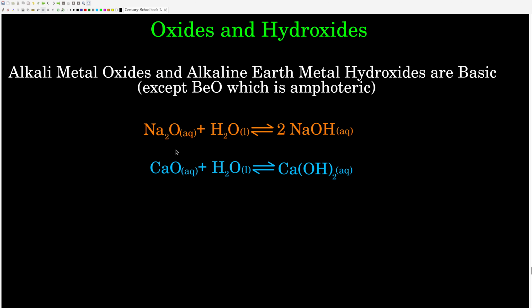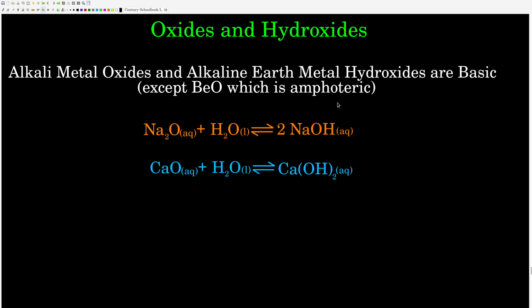So oxides and hydroxides. Oxides are metal oxides, containing the O2- ion. So, for example, sodium oxide and calcium oxide, and alkaline earth metal hydroxides, so calcium hydroxide, barium hydroxide, strontium hydroxide, are basic. And here's why. Except for, again, beryllium, which is always the outlier.